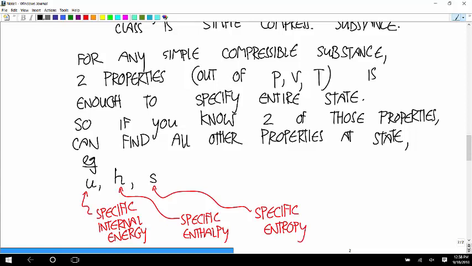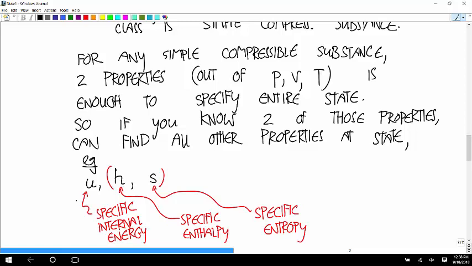Now, how to do these calculations, let me put these in parentheses because we haven't talked about those. But how to do those calculations isn't super simple, but those calculations can be done. And a lot of times, for most of this class, we're going to get that information out of tables where somebody else has already done the complicated calculations, tabulated it.